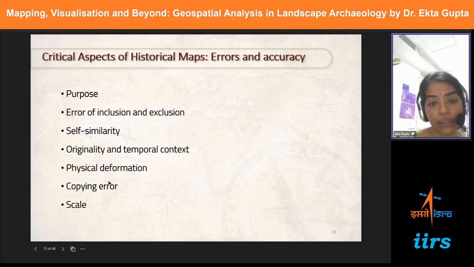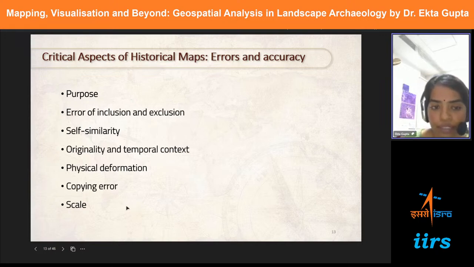Then originality and temporal context: if we look at the history of cartography, people were using older maps and publishing them at later dates. So the temporal context is crucial to understand whether that map was original or reproduced from some older map.